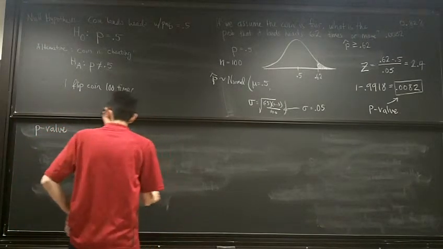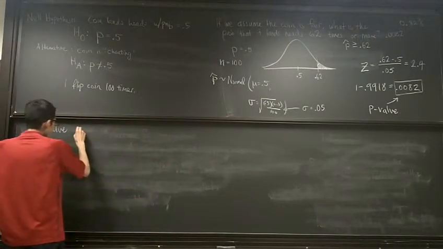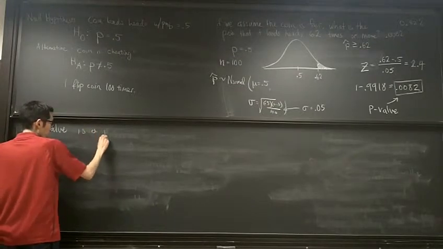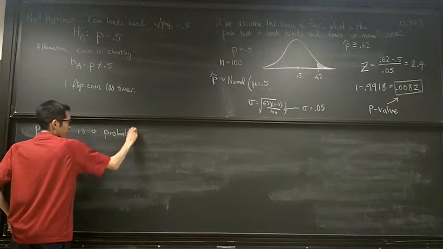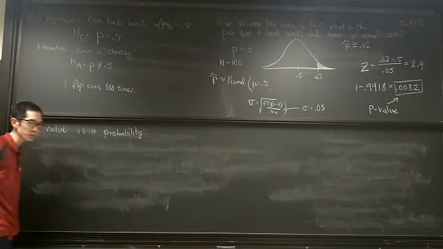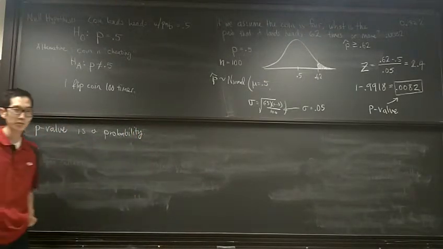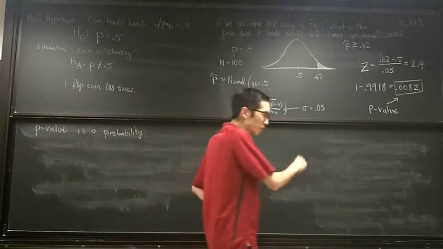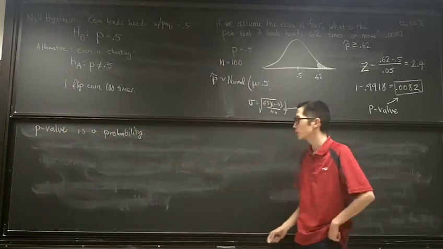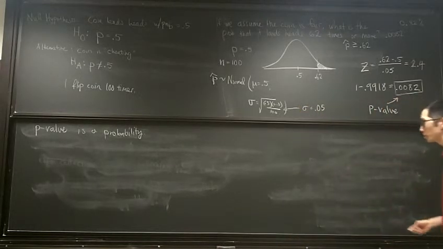Alright, so a p-value is a probability. Anytime you see something's a probability, you know that the number has to be between 0 and 1. It cannot be bigger than 1, it cannot be less than 0. The p-value is a probability.